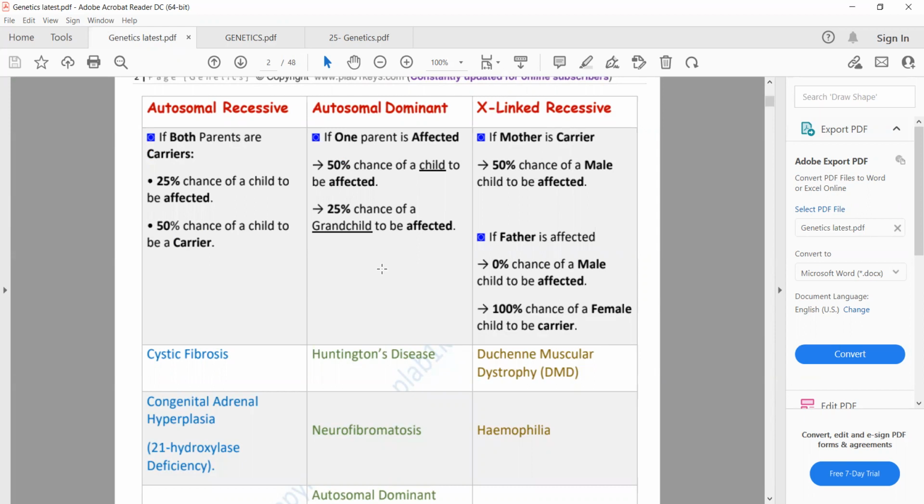So if both the parents are carriers, it means both of them have one abnormal and one normal chromosome. So again, there are four possibilities: two sons and two daughters.